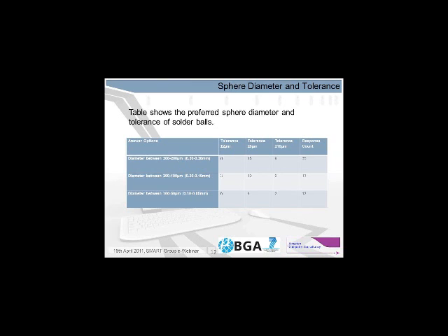Fairly logically, as the diameter size moved to sub 100, a tolerance of 5 microns became a significant component of the diameter, and the tolerance moved to plus or minus 2 microns for the target ball grid array solder ball that we're looking at producing.